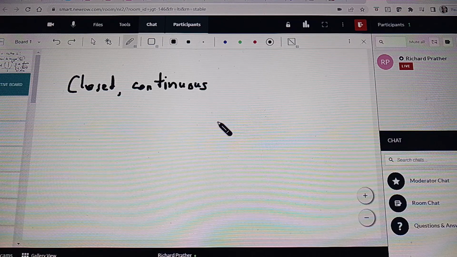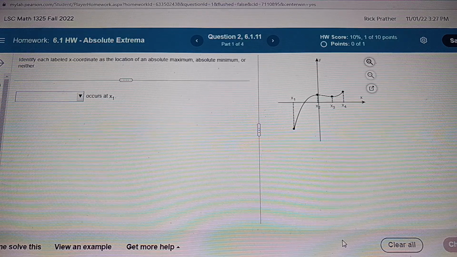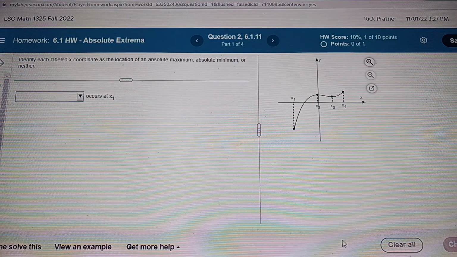So unlike local maxes and mins, where they can be multiples of them and they can have different y values even, here you're going to be guaranteed to have one max, one min. Now there can be multiple x's that are tied for the max or min, but there's only one max y value and only one minimum y value in a closed continuous function.